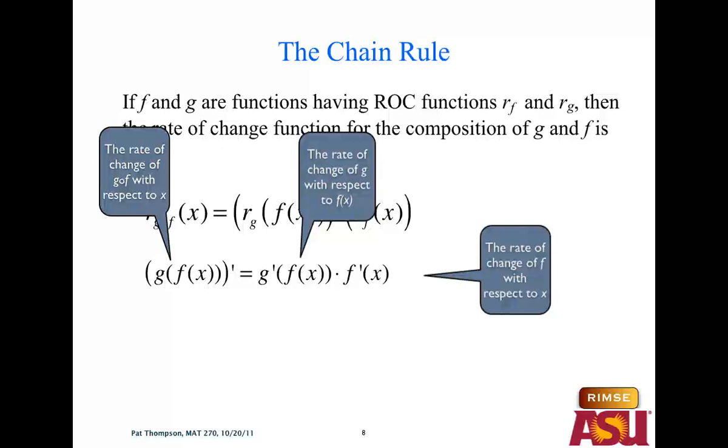Not g prime of x, but g prime of its input. The input of g is the output of f, and we saw that in the illustration. It wasn't just g prime of x, it was g prime of f. So it has to be the input into g, which is f. The rate of change of g is taken with respect to its input, which in this case was f, those chunks of 5 delta x's. Does that help?